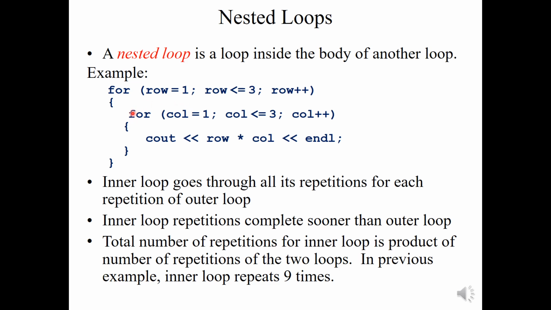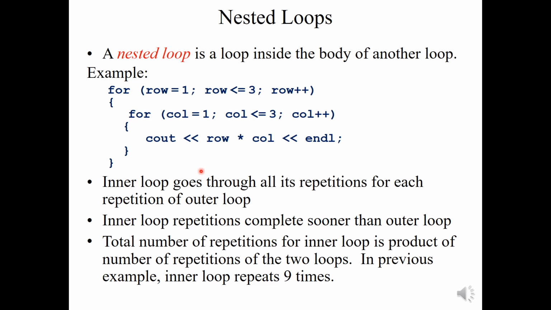Within that, for each row, there is a column. So column equals 1, column less than or equal to 3, column plus plus, and then I multiply row by column. This is a multiplication of two 3 by 3 matrices. I output row multiplied by column and end of line. So it will give me a sort of multiplied matrix.